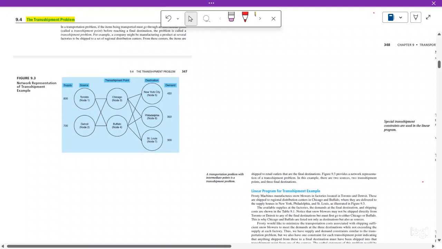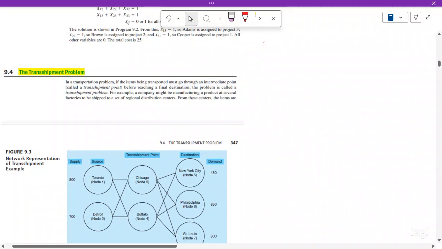So now on this one, it's a transshipment.